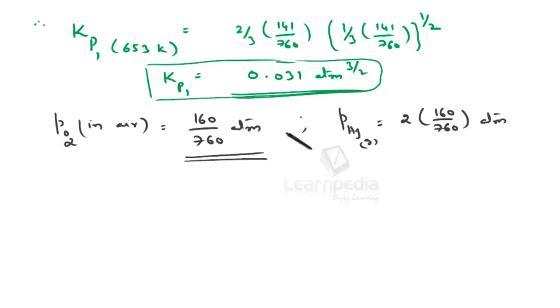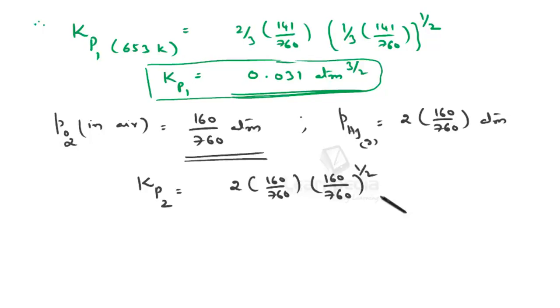So the equilibrium constant Kp2 will now become: partial pressure of mercury vapor is 2 into 160 by 760 atmospheres and that of oxygen is 160 by 760 whole to the power of half from the given system. And when you simplify this, it comes out to be 0.1932 atmospheres.